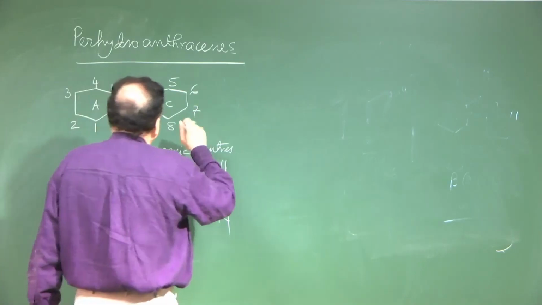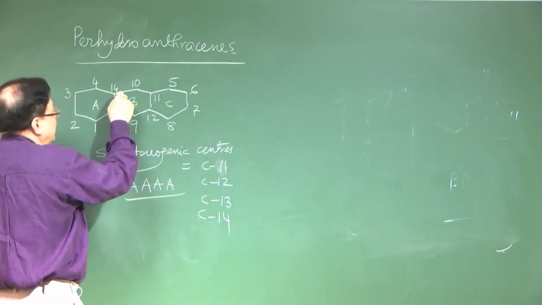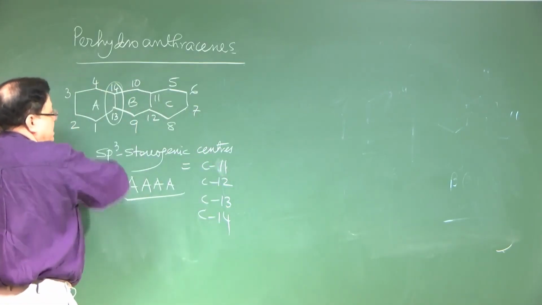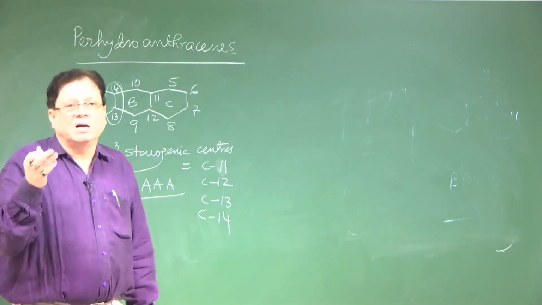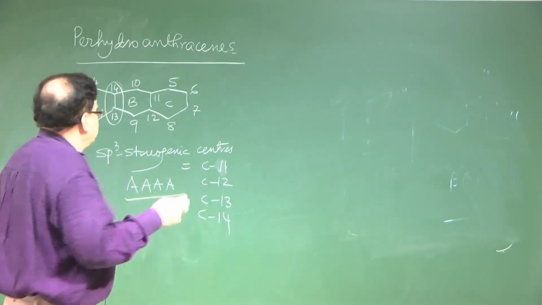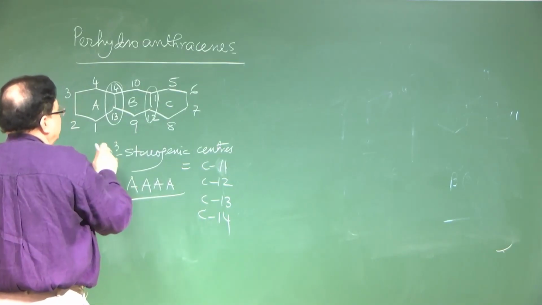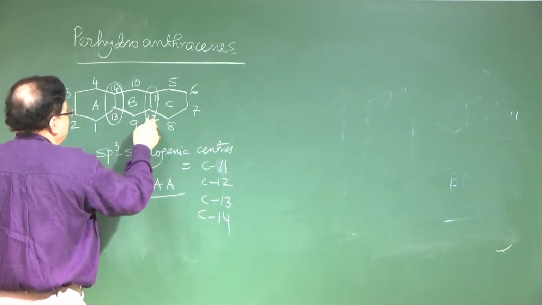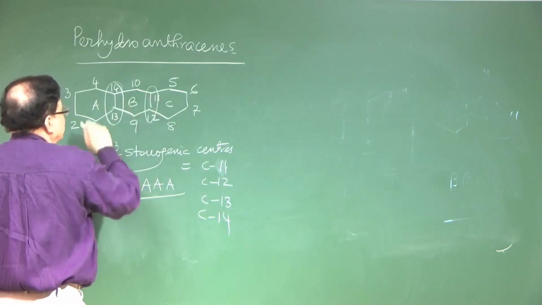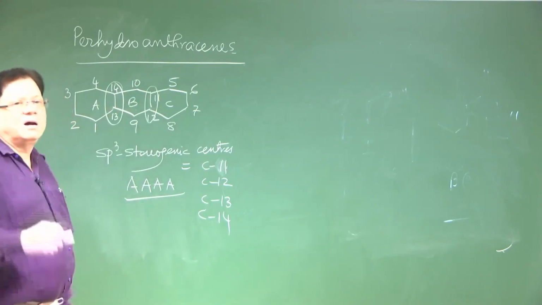Here again 2 types of relative stereochemistry can occur. One is the ring junction stereochemistry, and there are 2 ring junctions, and then the relationship between 11 and 14 or between 12 and 13.